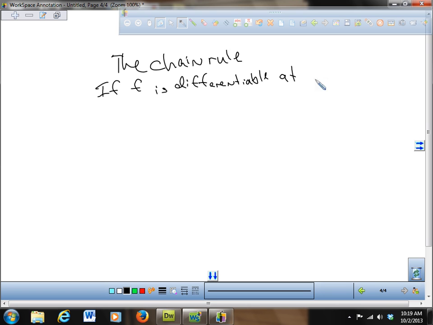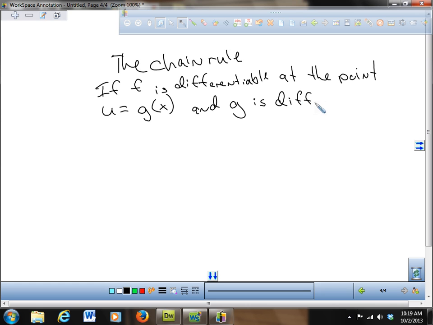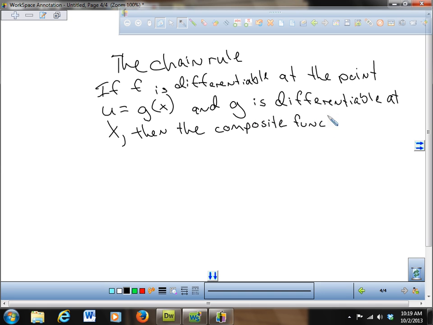then the composite function f of g of x, you know this notation, f of g of x, means g is the inside function and f is the outside function.